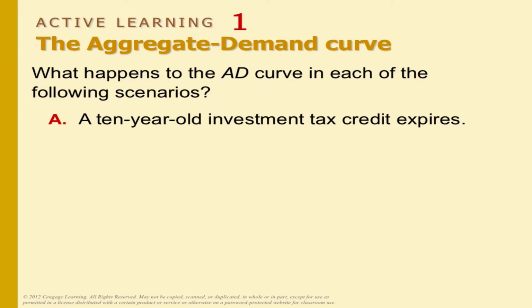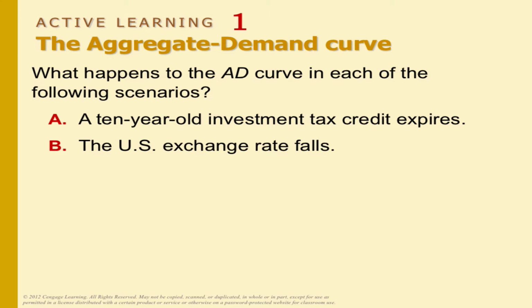So when that expires, what happens? People decrease their investment, which means a reduction in I, which means an overall reduction in Y, which means the curve will shift left.